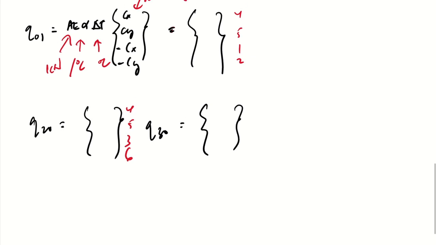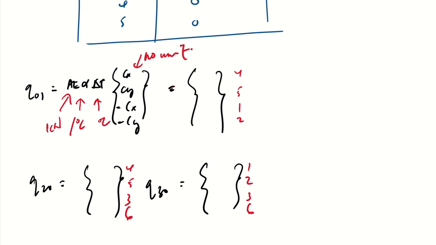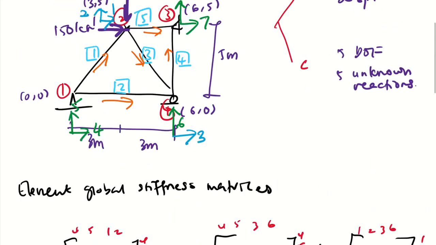So whenever you want to calculate the Q naught capital, Q naught capital is equal to Q naught 1 plus Q naught 2 plus Q naught 3 plus Q naught 4 plus Q naught 5. And if the question is just asking you to calculate the unknown displacement, we need only up to 3 unknown displacement, because there are 3 unknown displacement here.